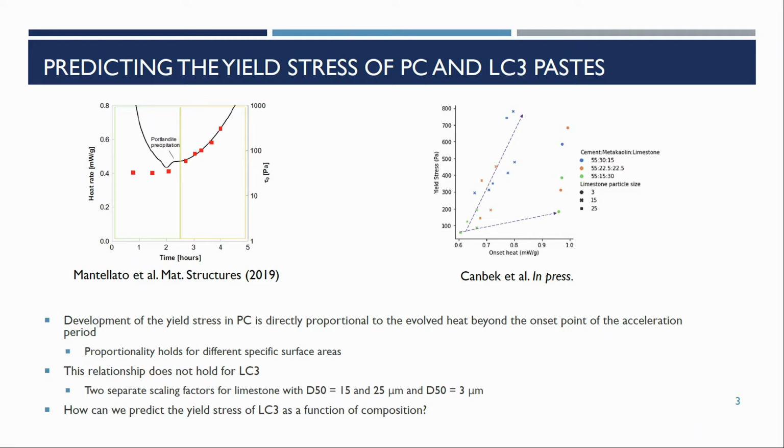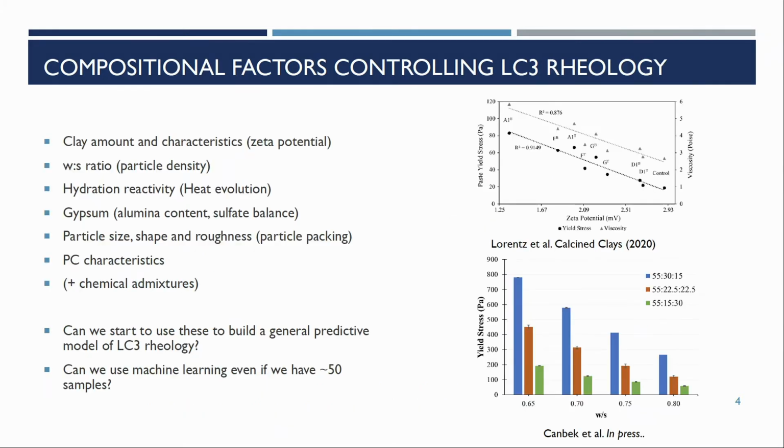What that suggested was that we didn't have the same size independence of the scaling relationship, that there were different forces at work that governed the rheology of LC3 paste. And so we were interested in how we can predict this yield stress as a function of composition. The thing that we're really going to talk about, though, is just what are the forces that govern it.